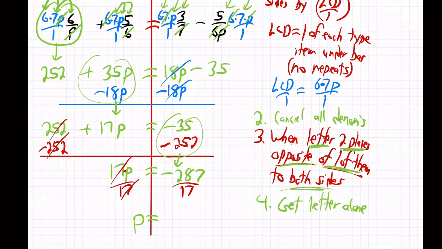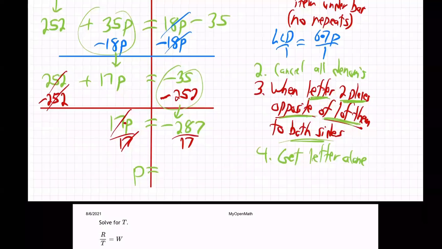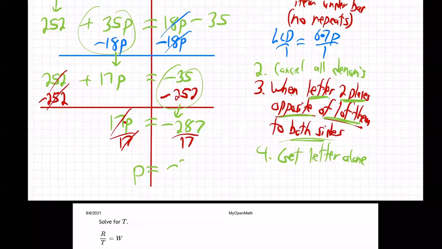Oh, they say they want a fraction. They won't take a decimal. I'm looking at the question. Let me try putting in decimals if they'll take it anyway. Oh, they will actually take a decimal, even though they say fraction. So anyway, they just want you to leave it this way. Just leave it minus 287 over 17.